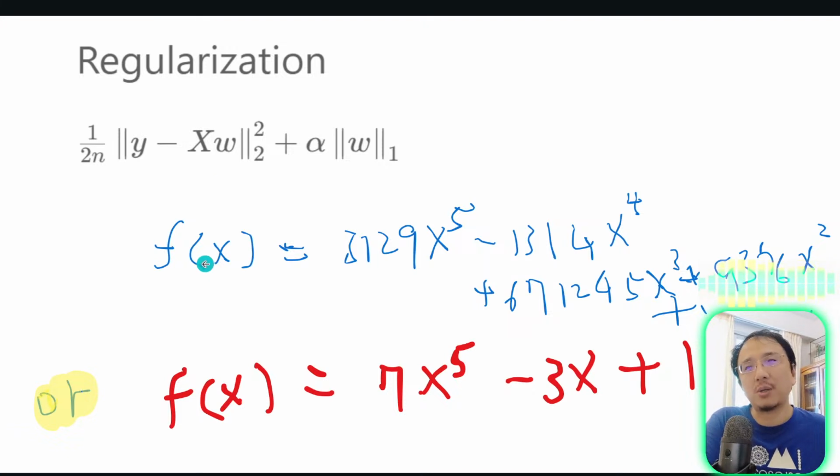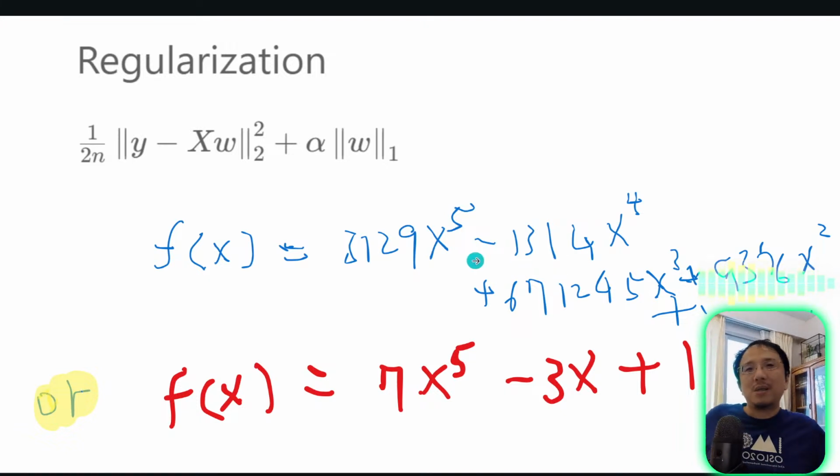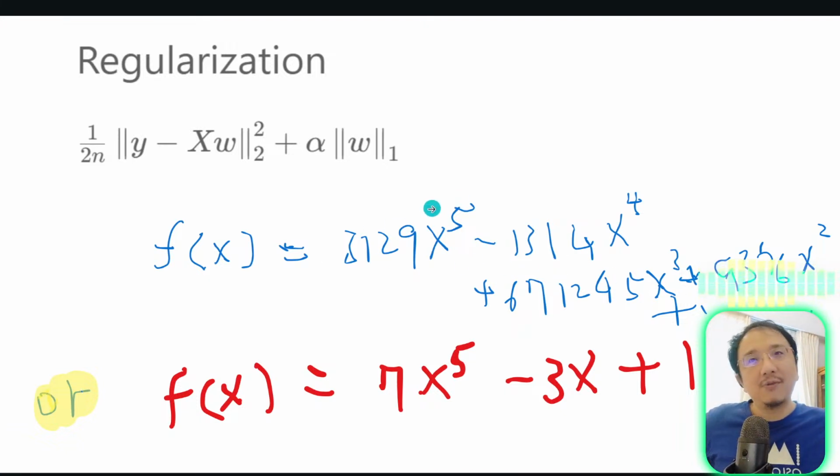Suppose we have some data, and after the fitting process, we get two models. The first model is this guy, and the second model is this guy. The first model is like 3,129 times x to the power 5 and 1,314 x to the power 4, and similarly, I didn't write it completely, but you can see this one is a very complicated formula.